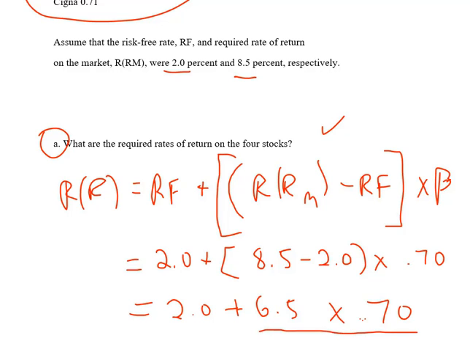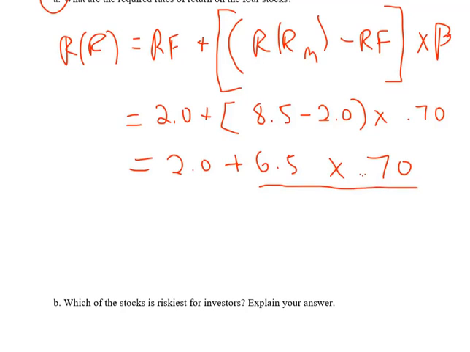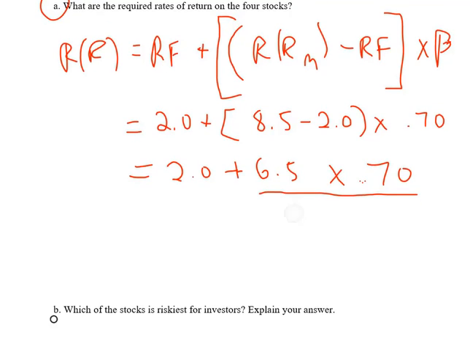Let me scoot this paper down a little bit. And when we get 6.5 times 0.7, we're going to equal 4.55. And we've got the 2.0. All right, I think you can do that, right?